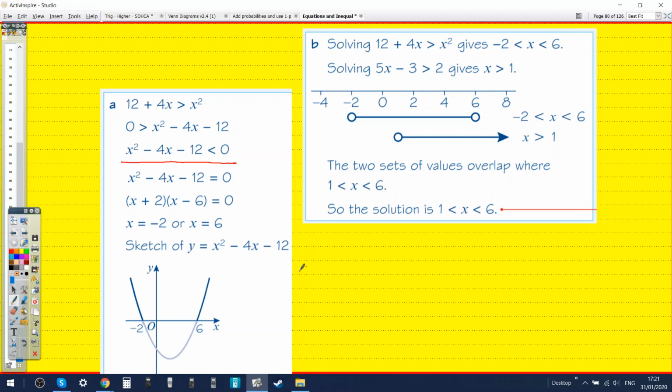X is larger than minus 2. Yeah, x is larger. And then x is also larger than 6. So let's say here. Yeah.